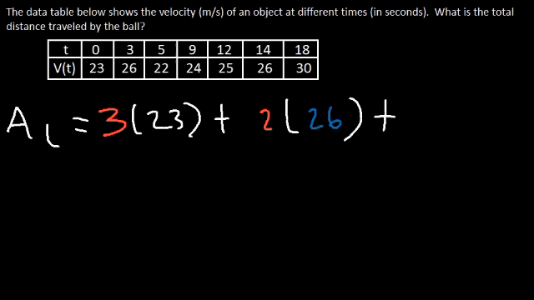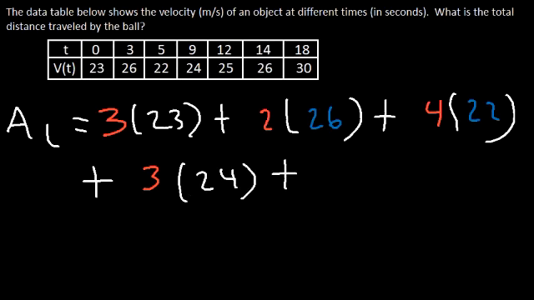Now for the next rectangle, between 5 and 9, delta x is 4, or delta t. And between 5 and 9, we're going to choose the next point on the left, which is 22. After that, between 9 and 12, the width is 3, and we're going to choose 24. And then between 12 and 14, delta t is 2. We're going to choose 25.